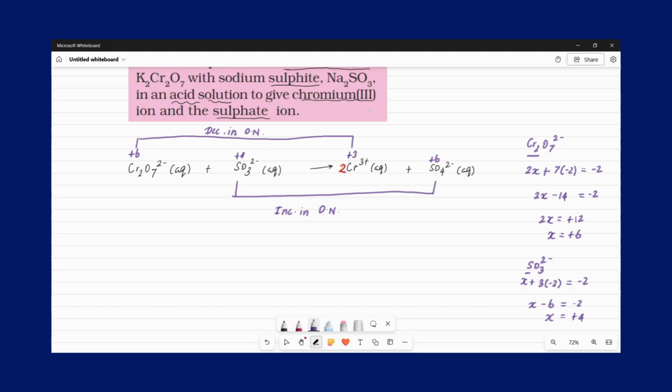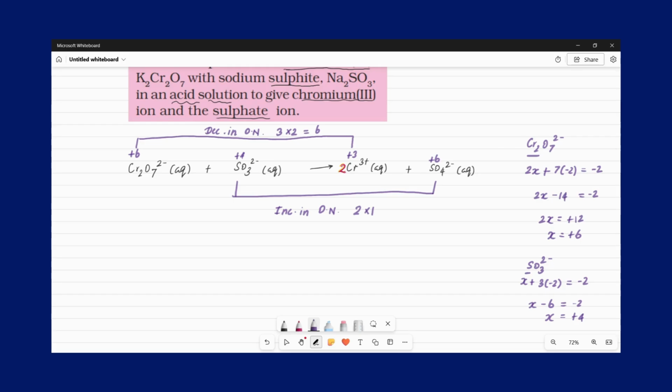By how much is the decrease, and what is the increase? It is 3 per atom, because every chromium atom gets a decrease in oxidation number of 3. But there are 2, so 3 multiplied by 2, which is equal to 6. And sulfur is increased by 2, and only 1 sulfur is involved, so 2 into 1.